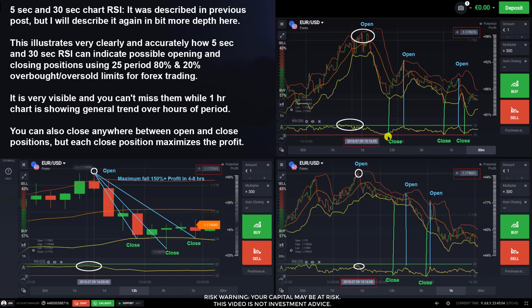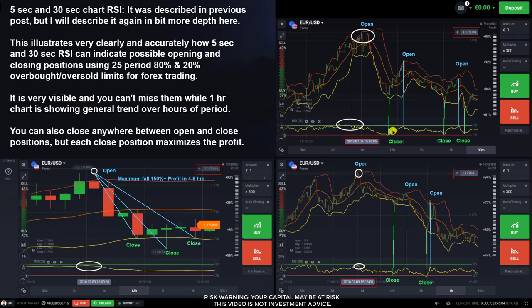And this is probably when I would be closing. However, if you missed it, then it's going to keep going up again. So whatever this 10%, 15% profit may decrease to 10% or 5%.